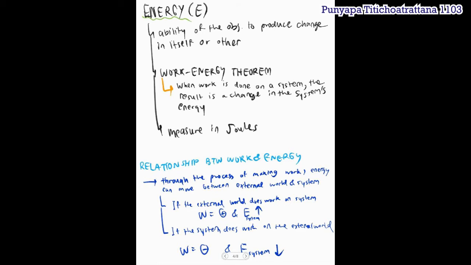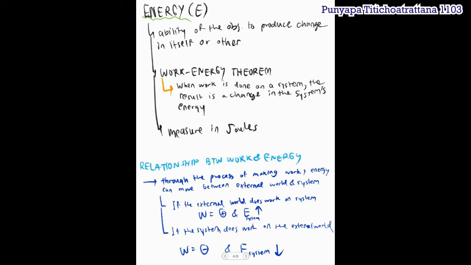If the external world does work on the system, the work is positive and the energy of the system is increased. But if the system does work on the external world, the work is negative and the energy inside the system is decreased.